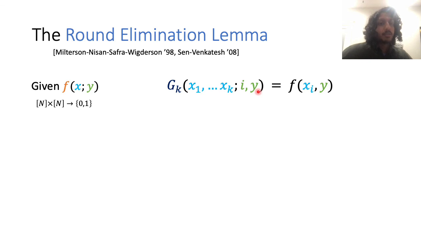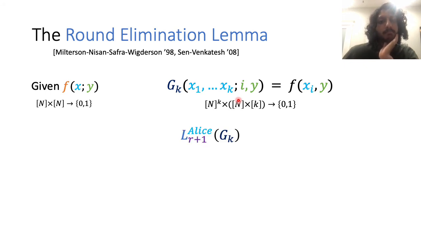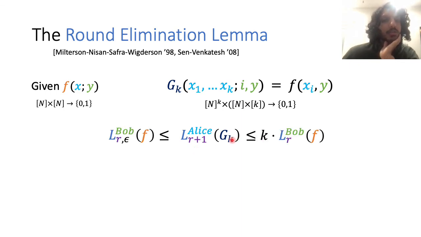And if Alice speaks first, the first round is wasted. And so you'd expect that the R round communication complexity of f is very closely related to the R+1 round communication complexity of g, at least when k is large. And that's precisely what the round elimination lemma says. It says that the R+1 round communication complexity of g is very closely related to the R round communication complexity of f.